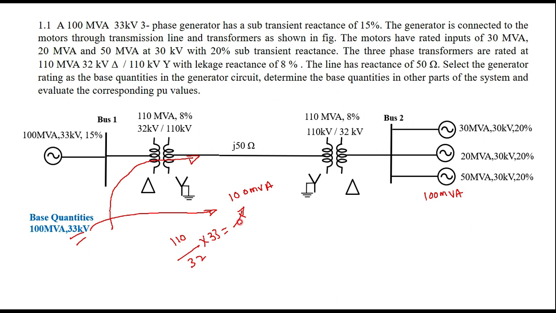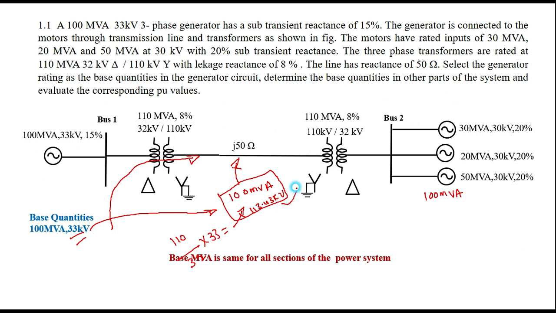Okay, you are getting the value of 113.43 kilovolts as the base quantity on the transmission line side, that is in this circuit. And here also 100 MVA. This 113.43 should be transferred to the motor side through this particular transformer.